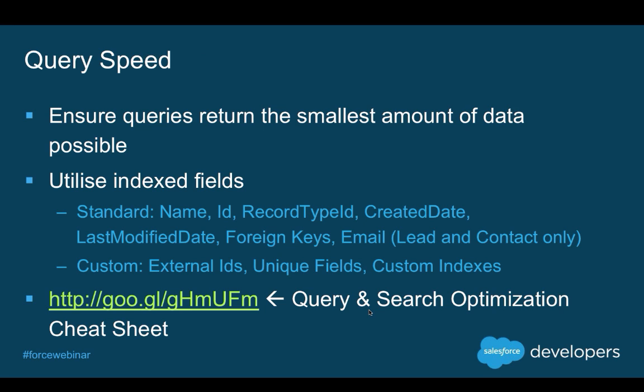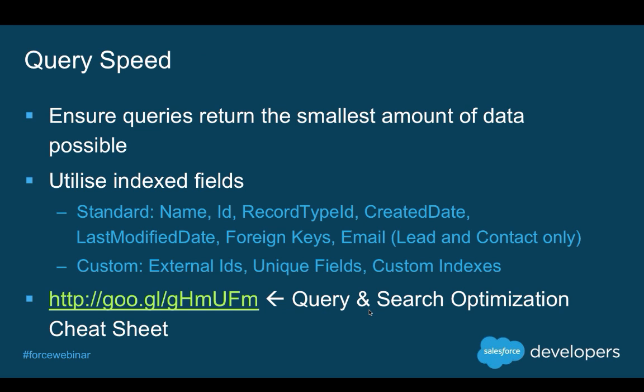So there are going to be some performance implications anyway, but you can minimize those by writing your queries in a more effective and a more well-written manner to try and minimize the amount of data and maximize the amount of filters you use. Maximize the number of indexes you use.